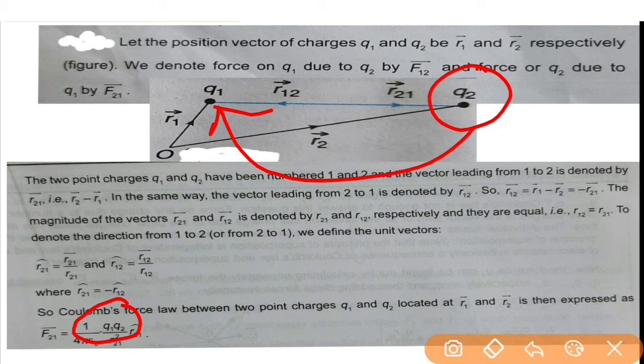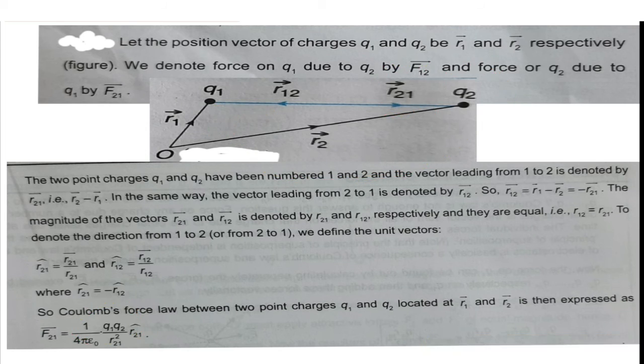Because the position vector of Q2 with respect to Q1 is R21. So F21 vector equals 1 by 4 pi epsilon 0 Q1 Q2 by R21 square into R21 cap.